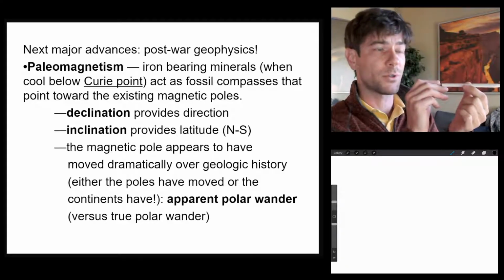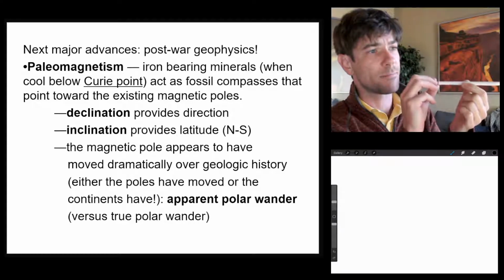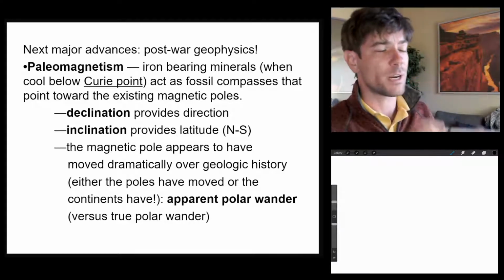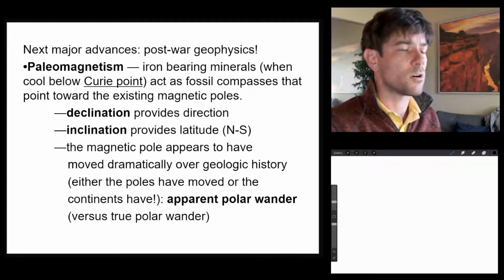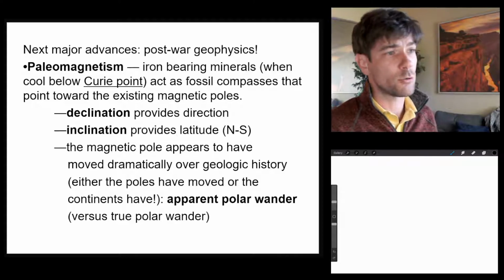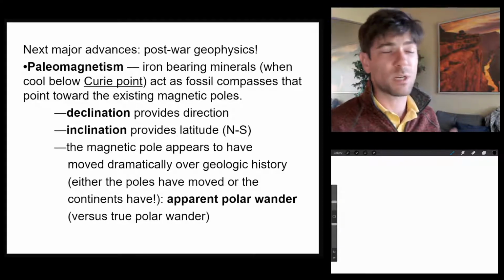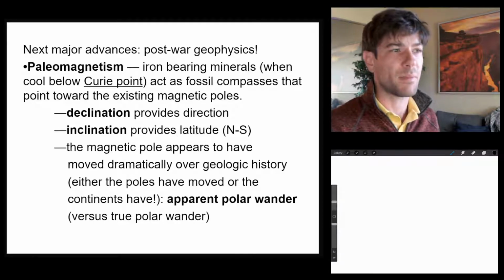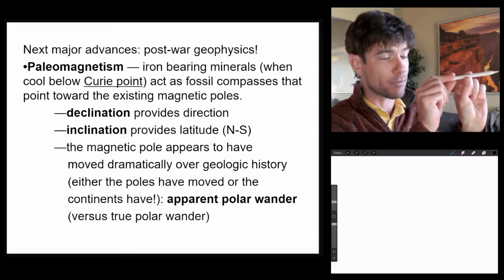And as it cools, it crystallizes and it's locked in. Now, that magnetic orientation is locked in with everything else. And so if the magnetic field were to change after that rock had cooled, that change would not be recorded by that mineral. The mineral would still be pointing its little compass needle at the old magnetic field.